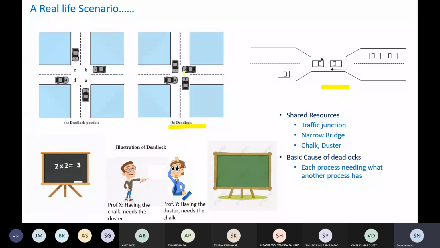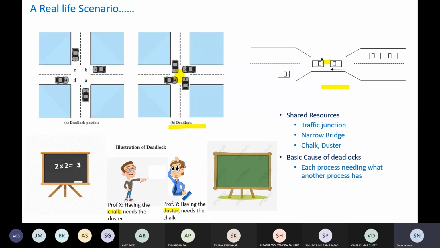In the first case, the traffic intersection is a resource, and the four vehicles are equivalent to processes competing for acquiring the resource. In the second case also, the narrow bridge passage is considered to be the resource. In the third case, we consider two resources: one is the chalk and another is the duster.